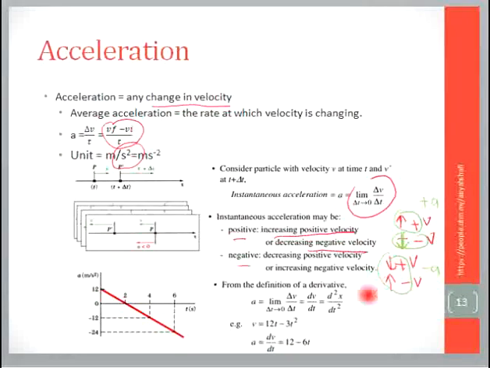Okay, so for example, you have the equation v equal to 12t minus 3t squared. The a is 12 minus 6t, so a is dv over dt.